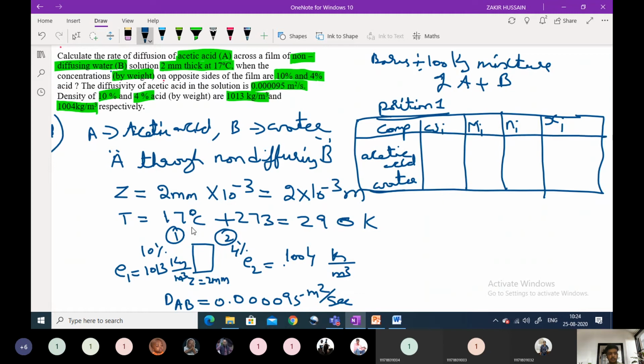At position 1, the weight of acetic acid is 10% and since our basis is 100, we can take the weight of acetic acid as 10.